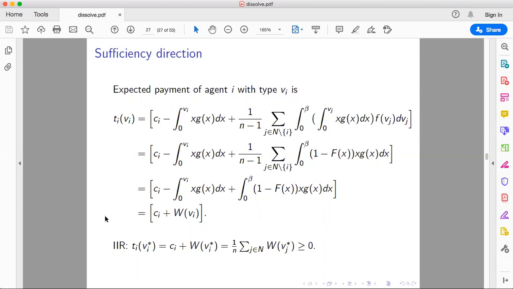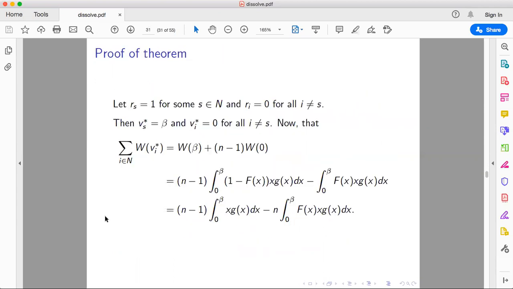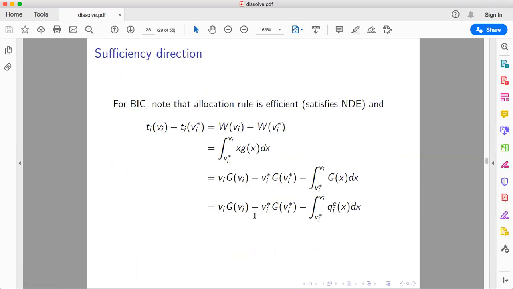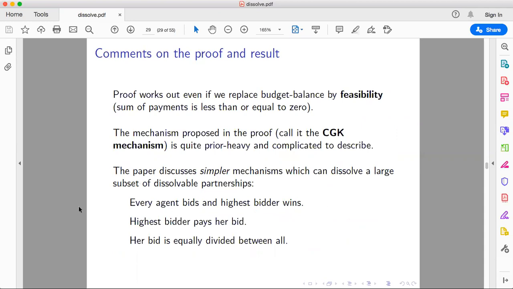Let's say the equal partnership can be dissolved by this mechanism also: everyone bids, the highest bidder wins, the highest bidder pays her bid, and then that bid is equally divided between everyone. This mechanism will dissolve the equal partnership.